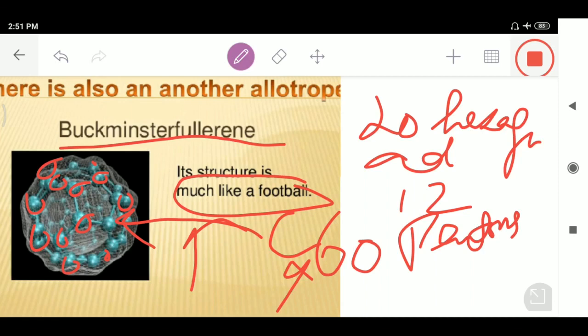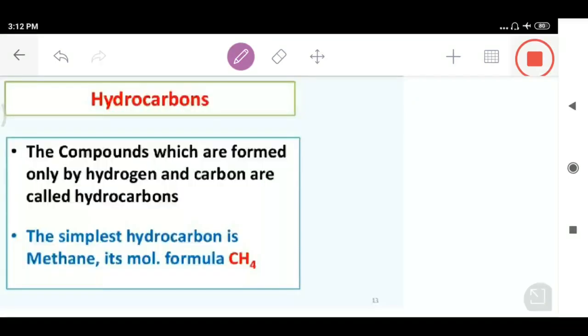Let's move forward. Let's take one more very important subtopic, that's hydrocarbons. This is a very important topic as far as carbon and its compounds and organic chemistry are concerned. Hydrocarbons are the compounds formed by the combination of hydrogen and carbon.